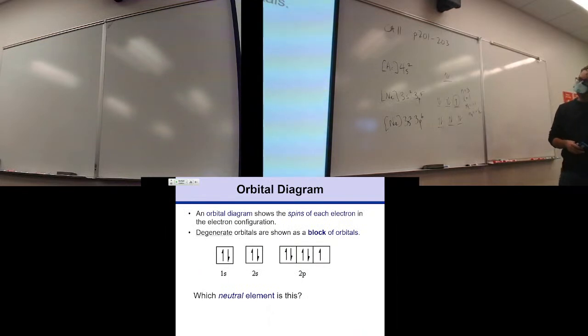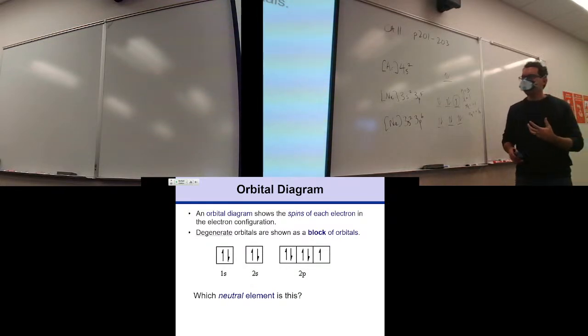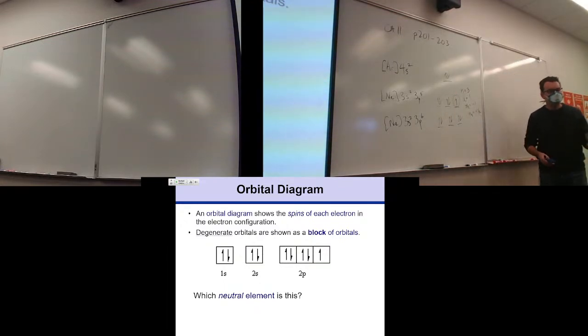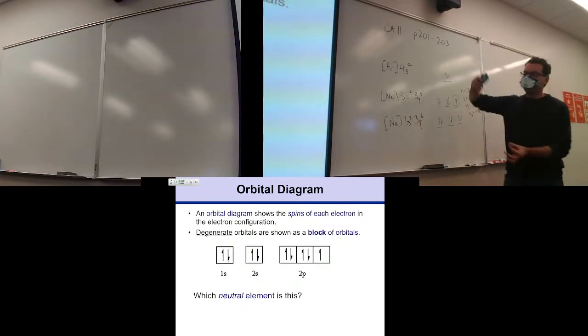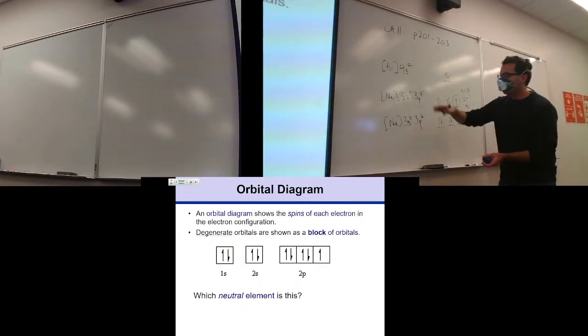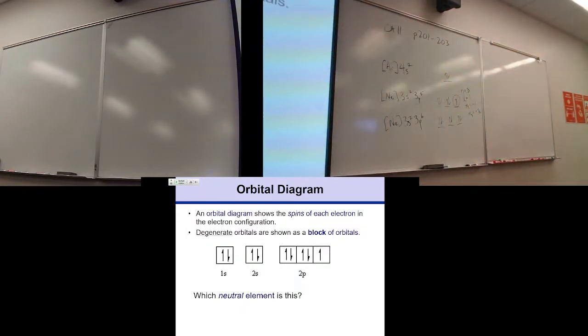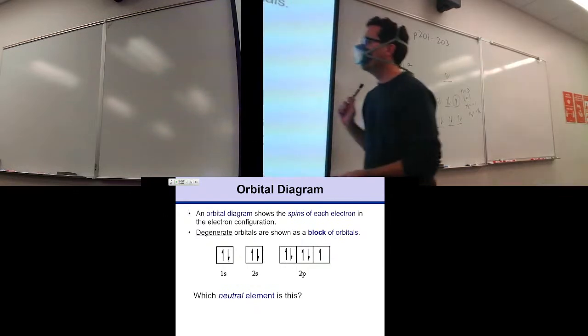Now, these orbital diagrams, we went over this. And we talked about which element this is. This is fluorine. Orbital diagrams show, like this, what the spins are and where they are in which particular orbitals. You can do it on a vertical axis with energy, or you can just do it in a row like this. Like this, it's clear that this is low energy, this is next, and this is the highest energy.